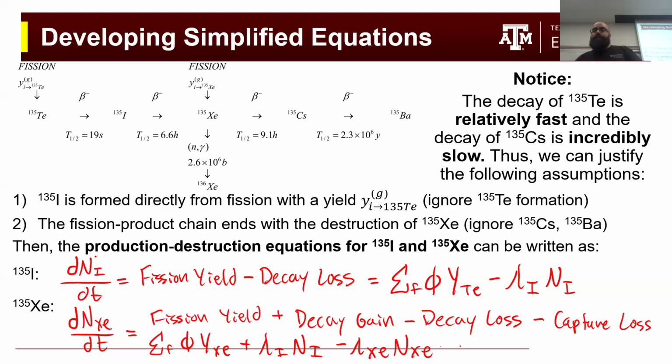So I can say minus a flux times the number density of xenon times the absorption cross section for xenon. So that is in terms of the mathematics what this differential equation for xenon would look like. Fission gain, decay loss, and capture loss.